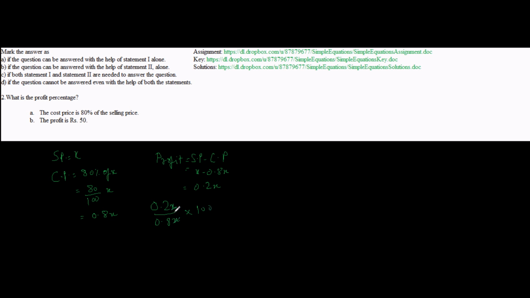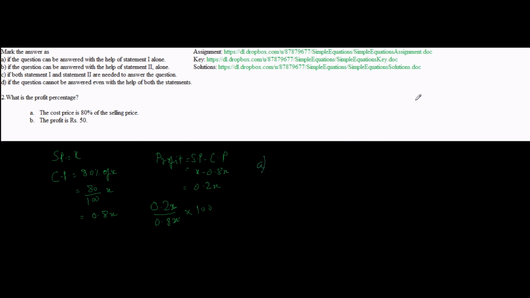X and X will get cancelled, so we will have 0.2 by 0.8 into 100. So this is a perfectly determinable value. As I found using statement 1 itself, that is, the cost price is 80% of selling price, I was able to tell what the profit percentage is. So I will safely mark choice A as my answer.